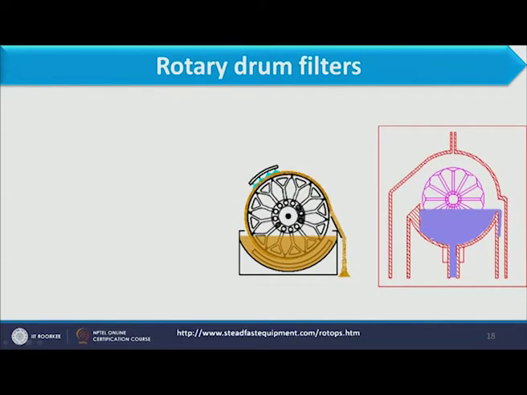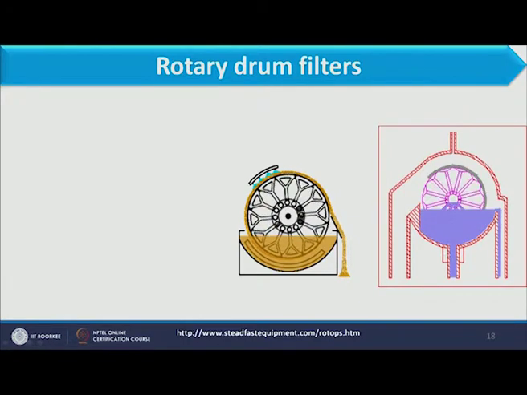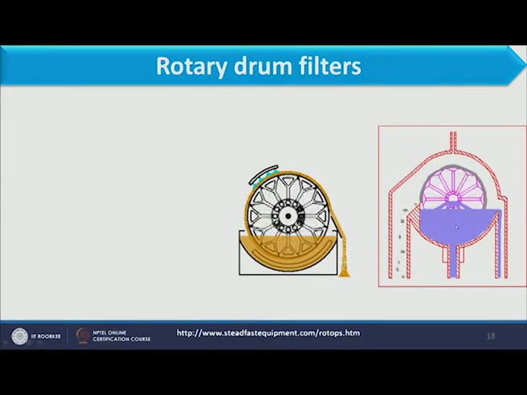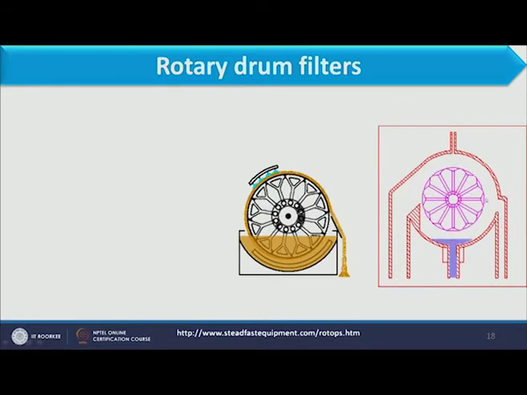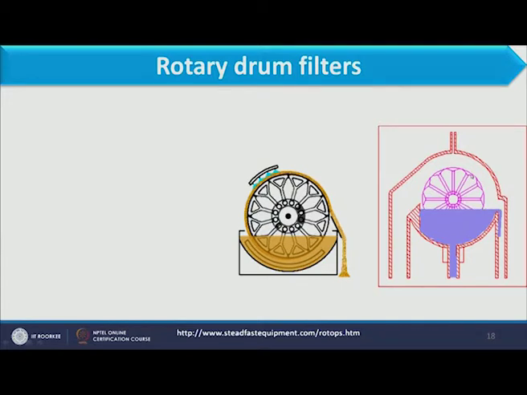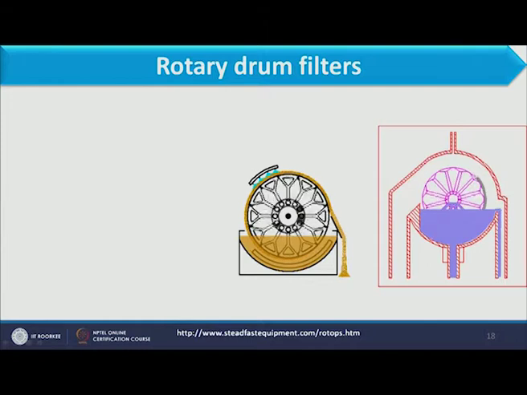Now if you see, this is the animation of it. Here some section of the drum is submerged into the liquid, and due to vacuum it sucks the filtrate, and cake formation happens. Once cake formation happens, dewatering is done, because some moisture is available in the cake.